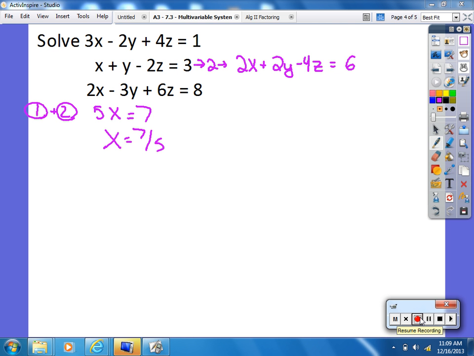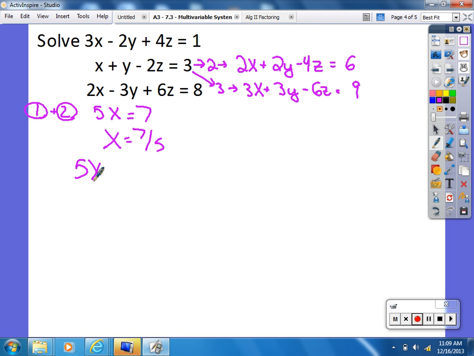So now what I'm going to do is try equation 2 and equation 3. So I'm going to multiply this by 3, right? So we get 3x plus 3y minus 6z equals 9. 3x and 2x make 5x.